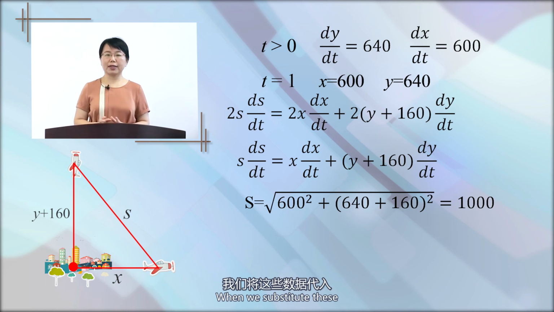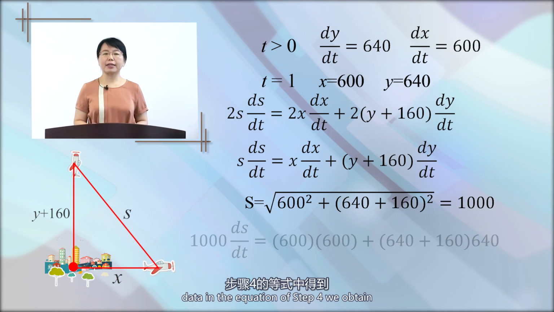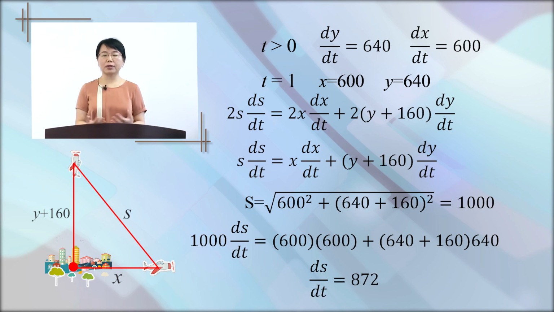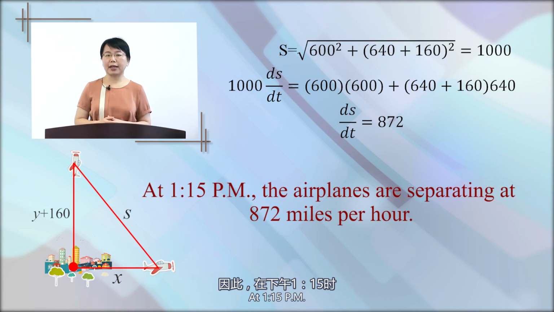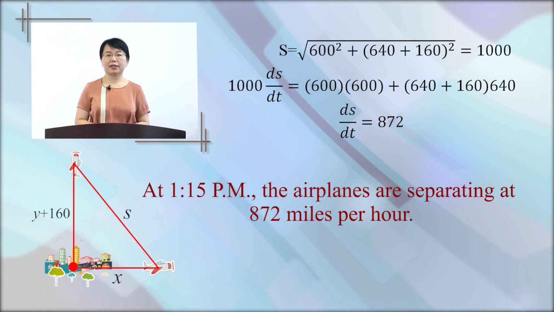When we substitute these data in the equation of step 4, we obtain 1000 ds/dt equals this part, from which we get that ds/dt is 872. At 1:15 p.m., the airplanes are separating at 872 miles per hour.